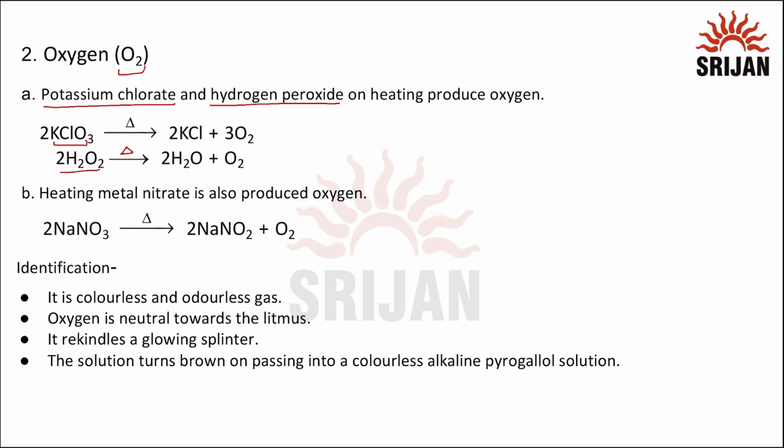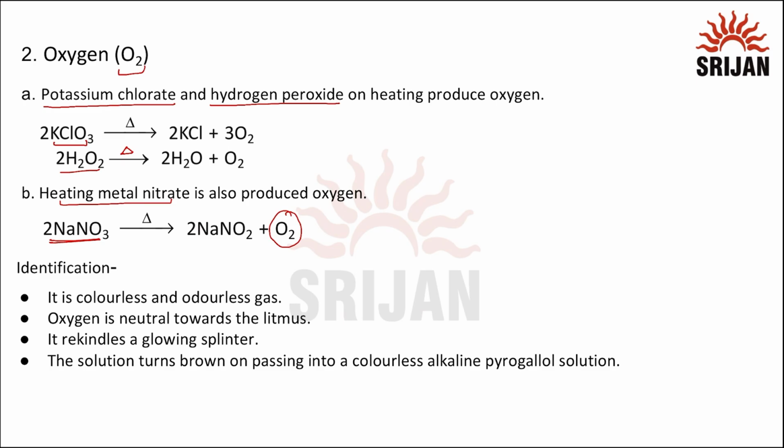There are other examples also which on heating produce oxygen, and these are potassium dichromate, potassium permanganate, and lead dioxide. The second method for the production of oxygen is by heating metal nitrate. Here you can see that sodium nitrate is taken, and on heating we are getting oxygen.